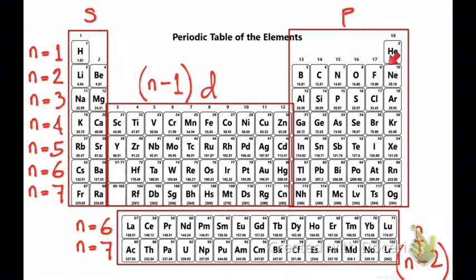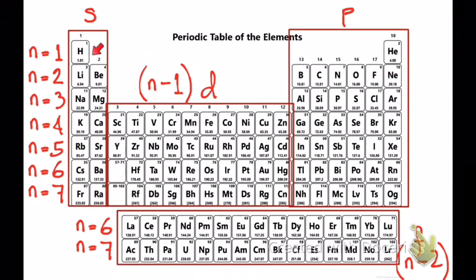So let's say I want to write the electron configuration for aluminum, and I want to use the noble gas electron configuration. So aluminum is right over here on the third row, and I'm going to use the noble gas right before aluminum, which is neon, right?